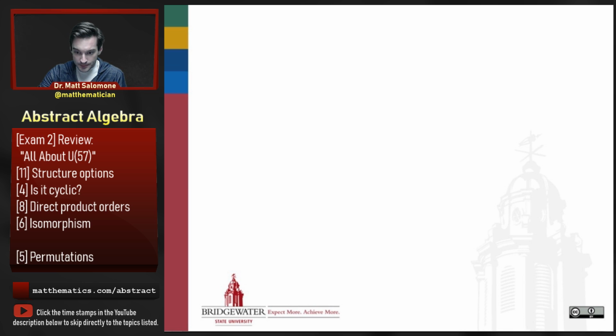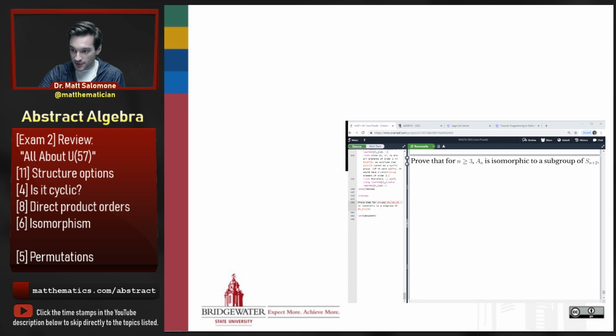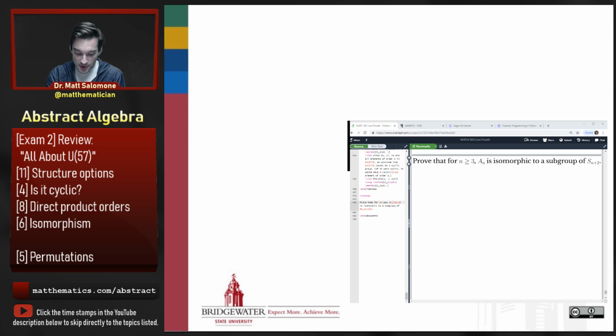So real quick, let's just think about what an example of this statement would look like for a concrete value of n, just so that we can try and get our arms around what this might look like. So let's just take that smallest example. If n is equal to 3, then what are we saying here? We're saying that there's a group A3.